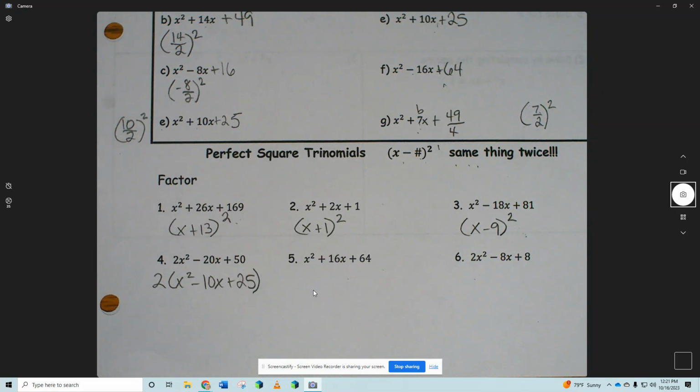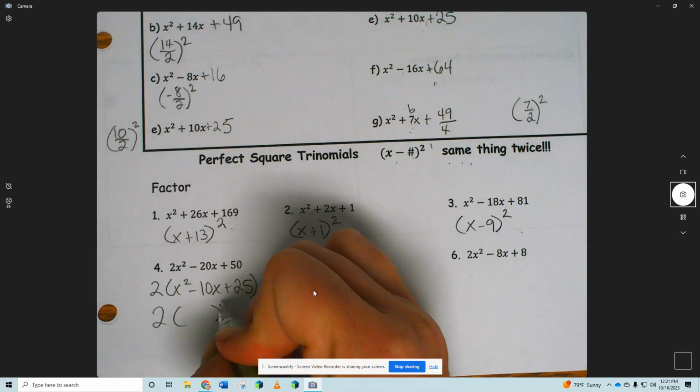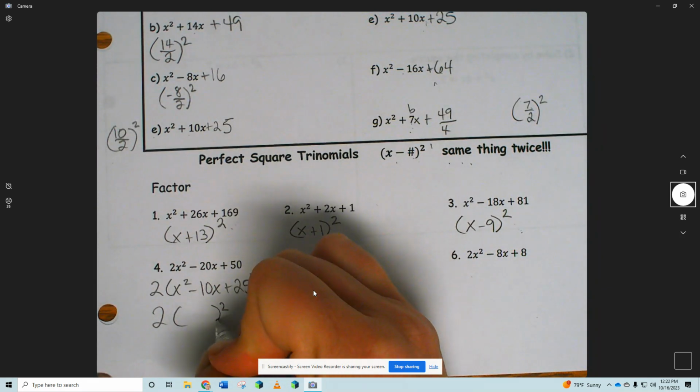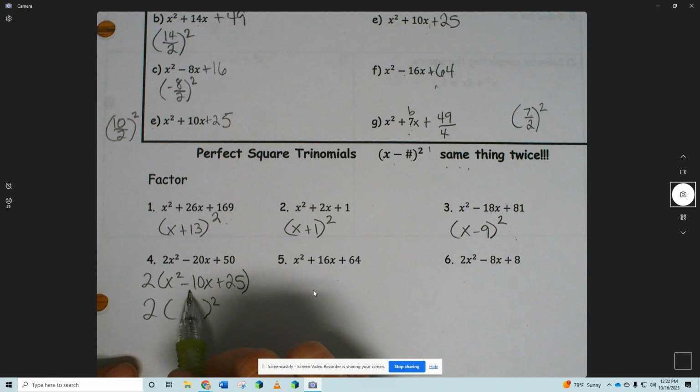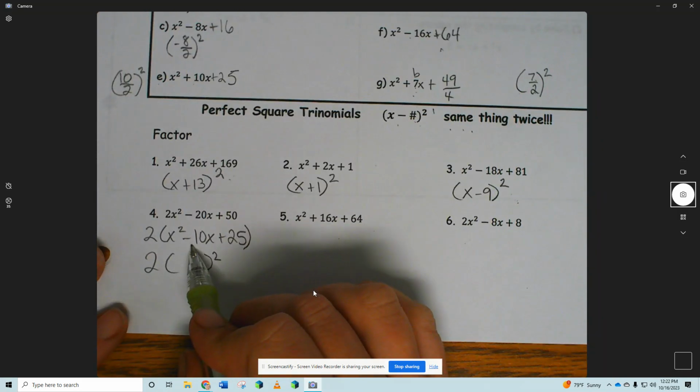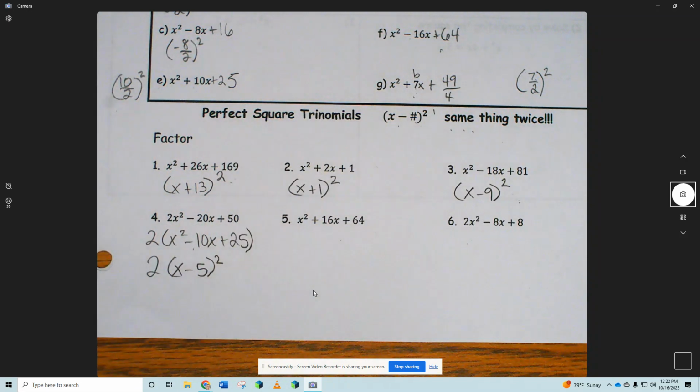And it's going to be the same thing written twice. What is it? X plus 5. Oh, I need negative 10. So close though. Yeah, X minus 5. Do 5 by yourself. Pretty straightforward.